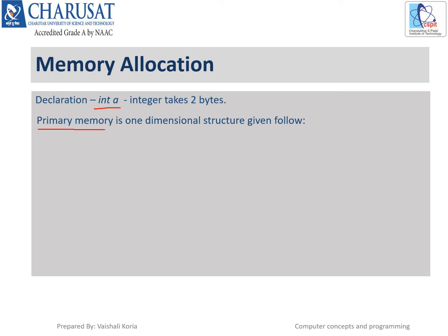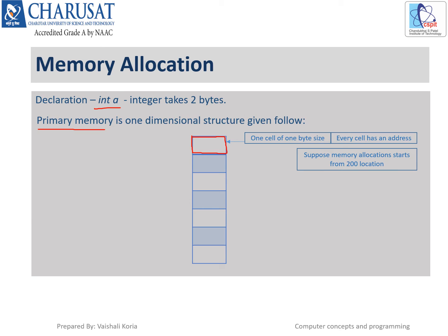So what is the structure of the primary memory? The structure is like this, a one-dimensional structure. This box is called one cell, and every cell has an address associated with it, called the memory address. Every cell has a size of 1 byte.